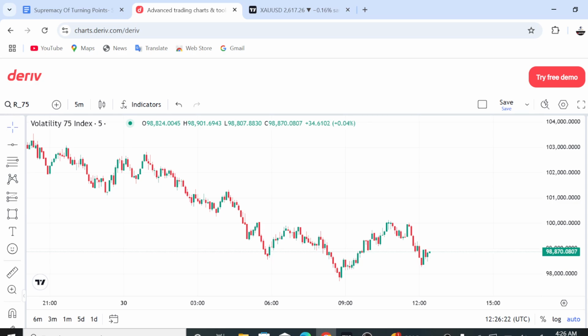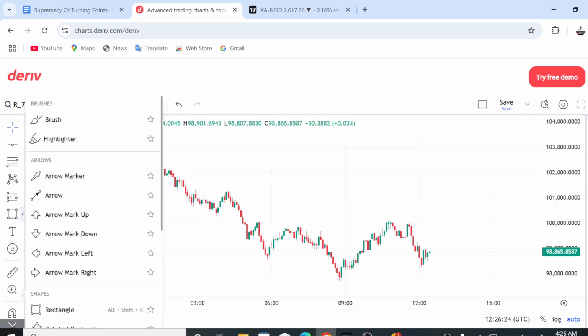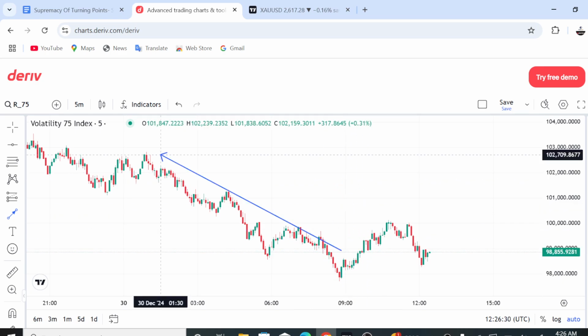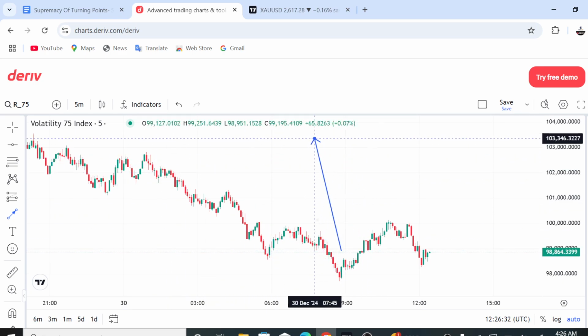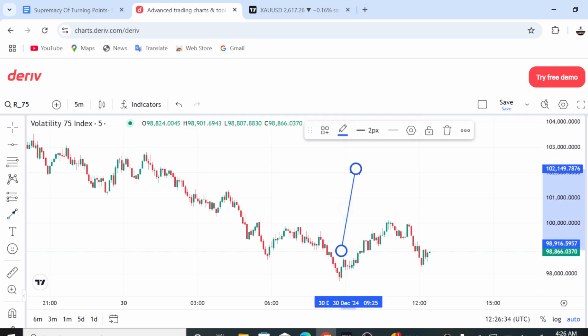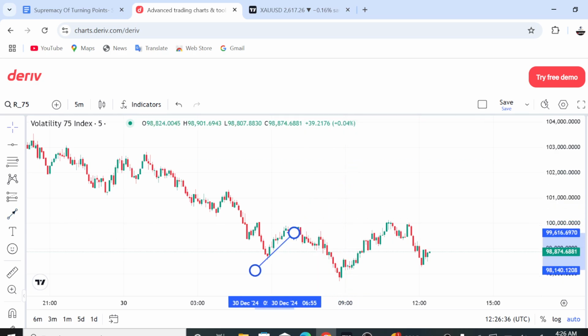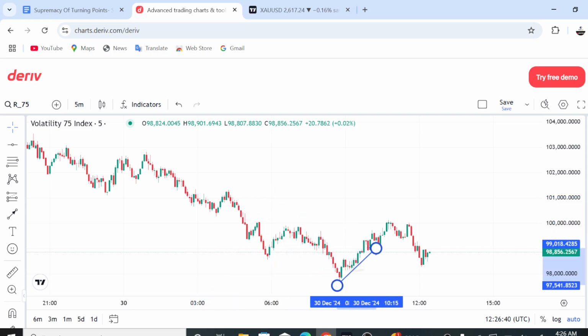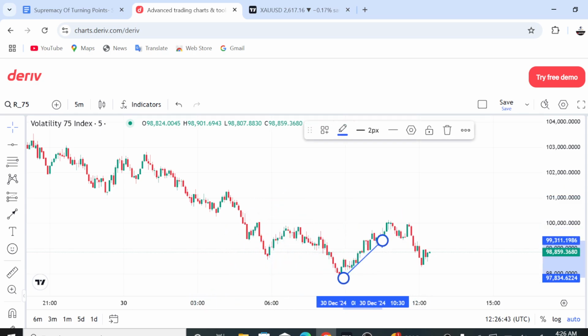When you lose your 50%, it will be hard to recover that 50%, because at this point you might be tempted to risk further and lose all your money, right? Maybe you risk another 50% and lose all your money. So I'm still in the 5 minutes time frame. I just want to use the 5 minutes time frame to show you some things. It's very important.